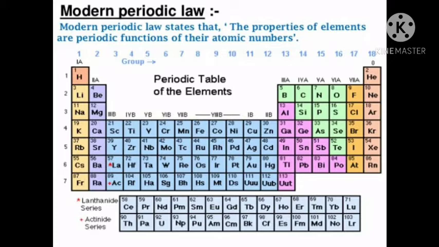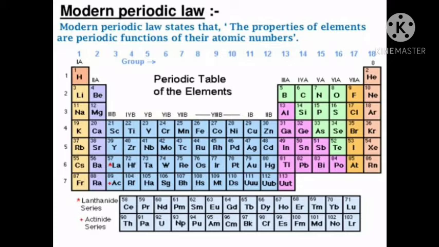In the first group, hydrogen is present, and from lithium to francium in the first group are called alkali metals. Second group elements are alkaline earth metals, and from 3rd to 12th are called transition elements.